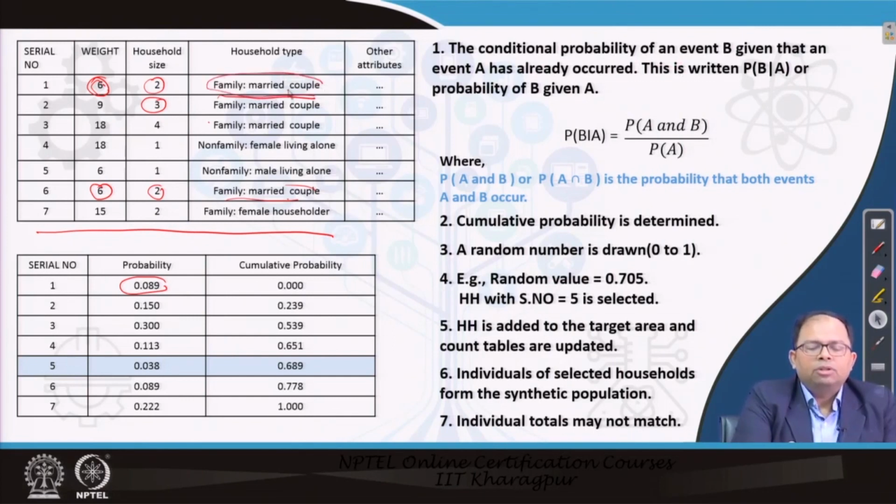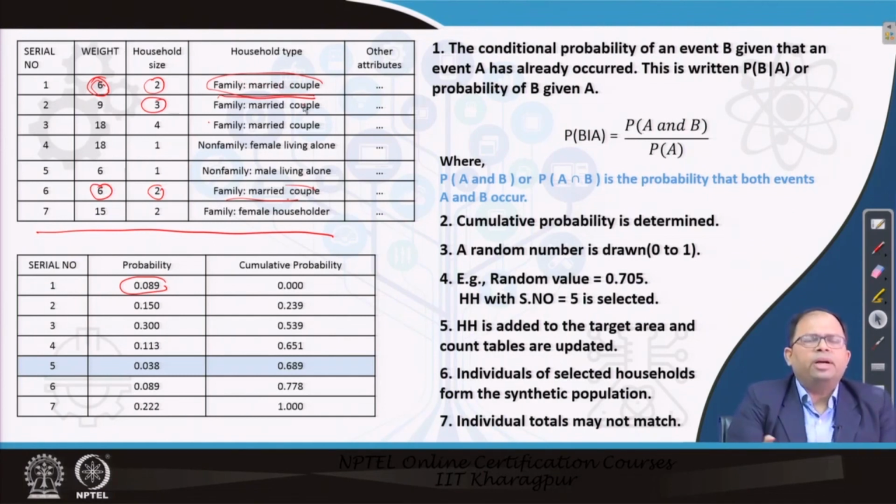Like a household of size 2 given family, it's a married couple and it's a family, or the other way around, we can say probability of household type family married couple given household size 2.